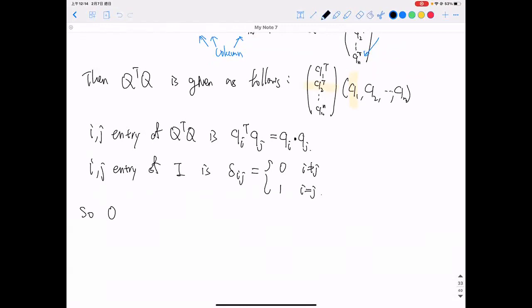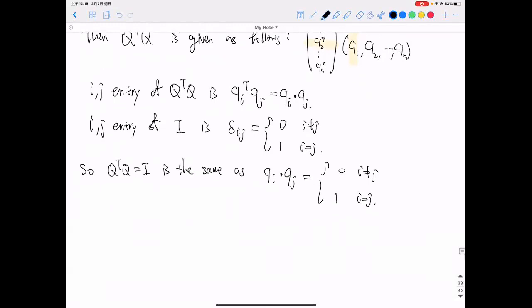Q having Q transpose Q equal to identity is the same as saying that Qi dot Qj is equal to 0 when i is not j, and equal to 1 when i is j.